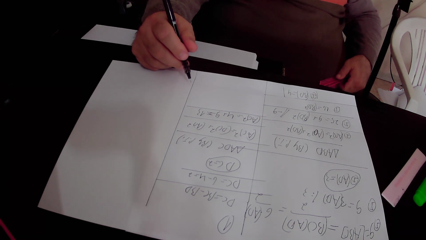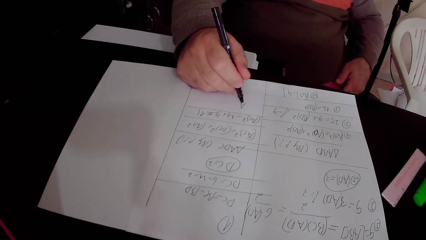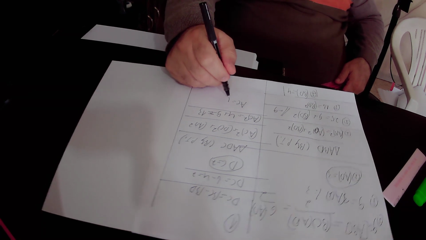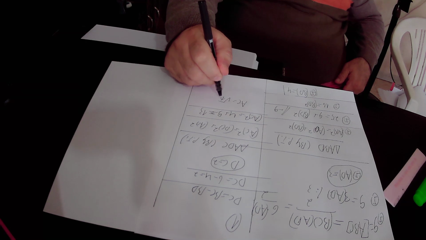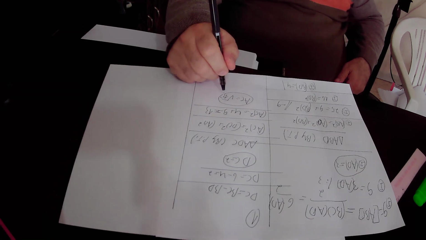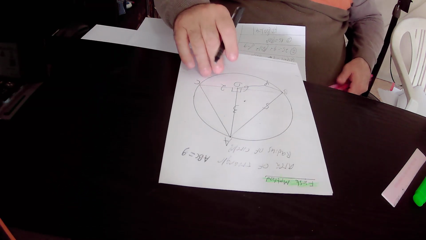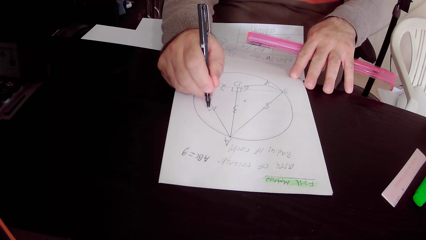Here we take the square root, and we get that AC equals the square root of 13 units. We can write here that AC equals the square root of 13 units.